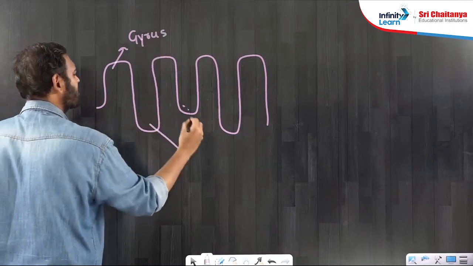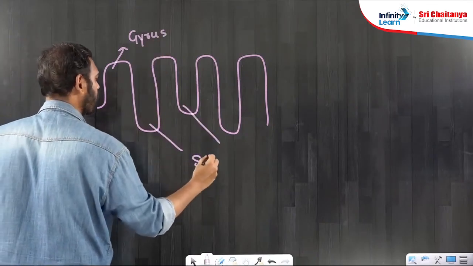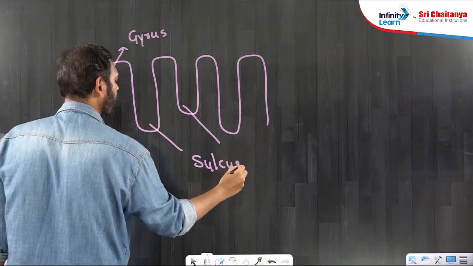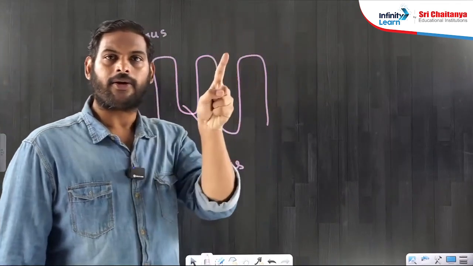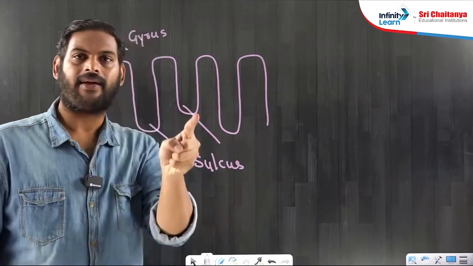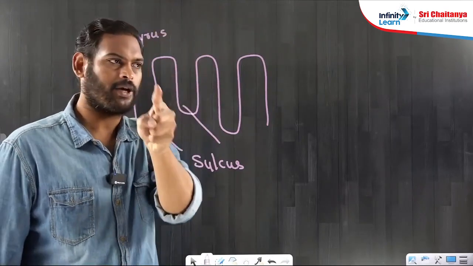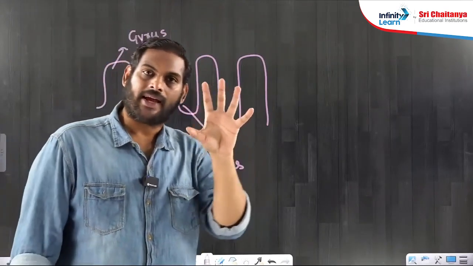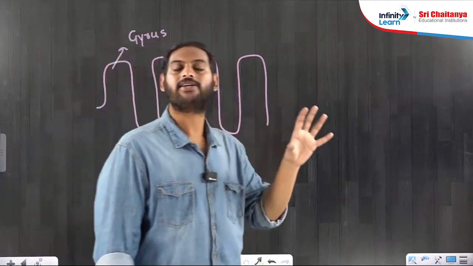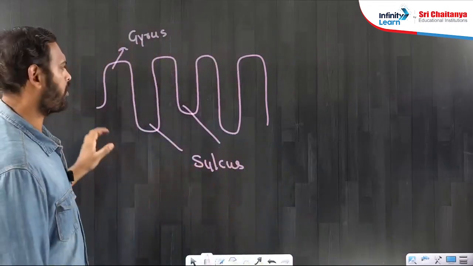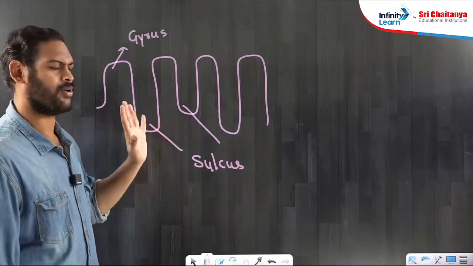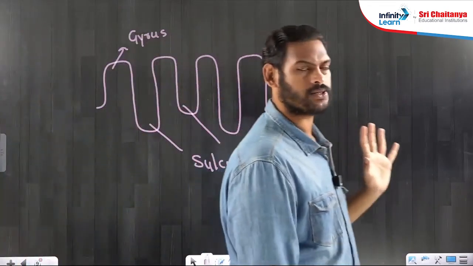Depressions are called sulcus, plural sulci. So elevations gyri, depressions sulcus. Gyri and sulci increase surface area, therefore brain can accommodate more and more neurons. Done. We learn fundamentals only here, not detailed things, fundamentals.